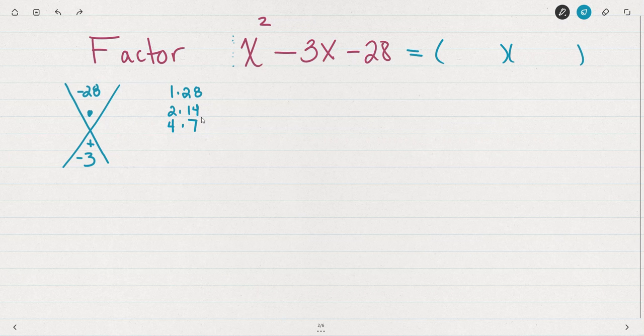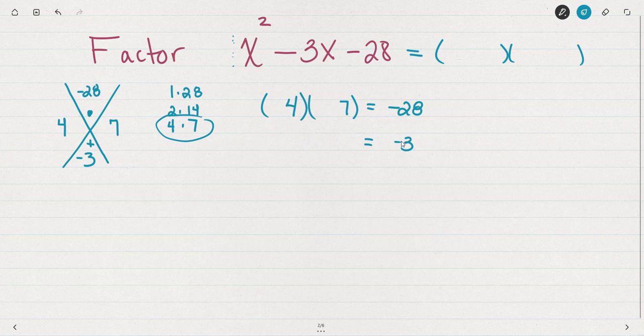I notice that the 4 and 7 have a difference of 3. I know that one of them is going to have to be negative because when I multiply them, I need to get a negative 28. And when I add them, I want to get a negative 3.